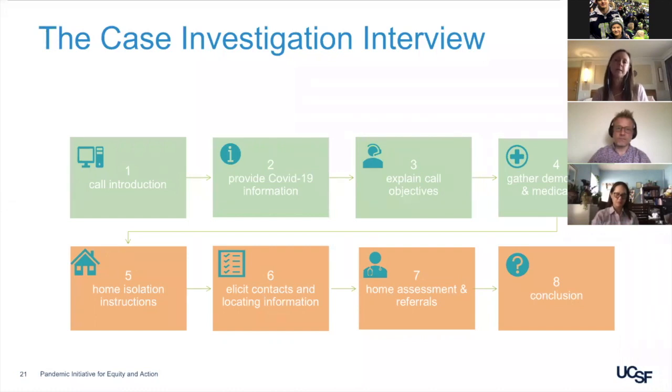So in some cases, there are 2 different teams. The case investigator would make the call and then a different team would call back the contact. In other cases, if you're doing both roles, you might call that person back directly or maybe even just conduct that call on the line.